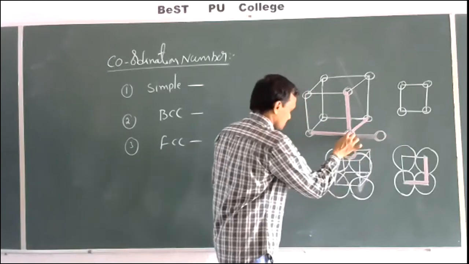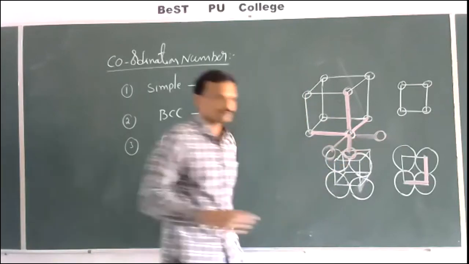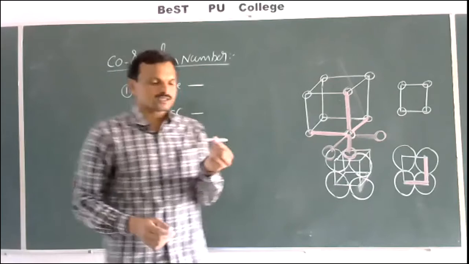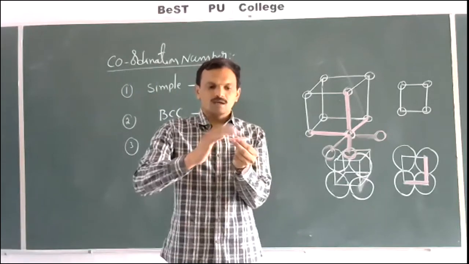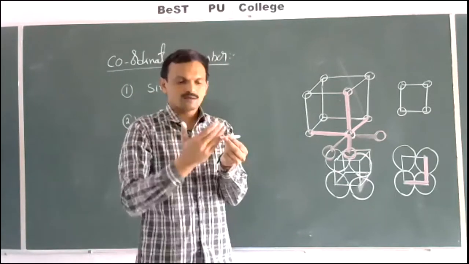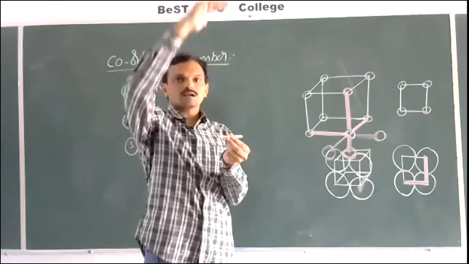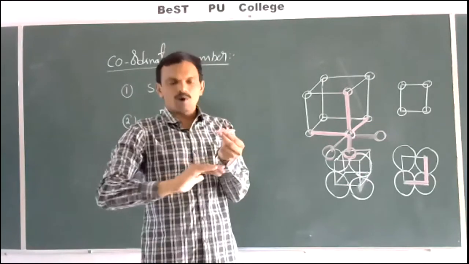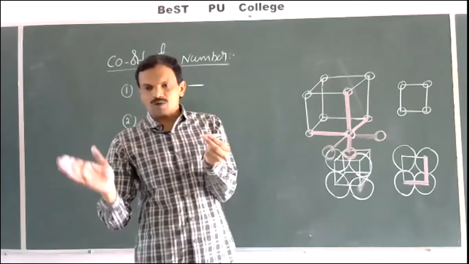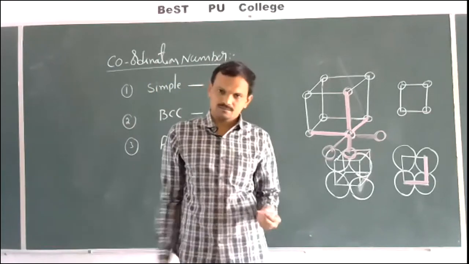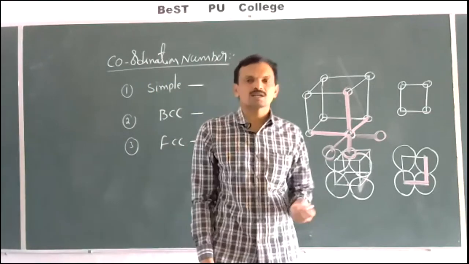Simply, front side one particle, back side one particle, top one particle, bottom one particle, right side one particle, left side one particle. Means it is in contact with how many particles?